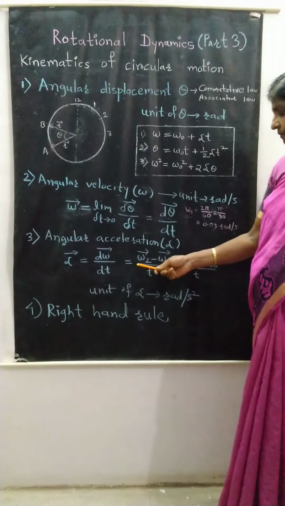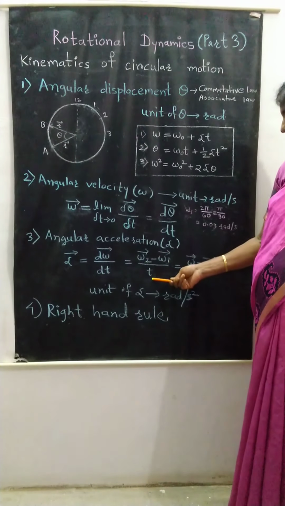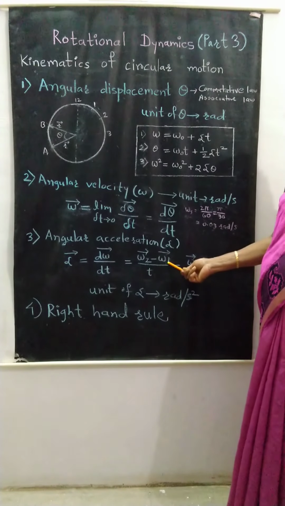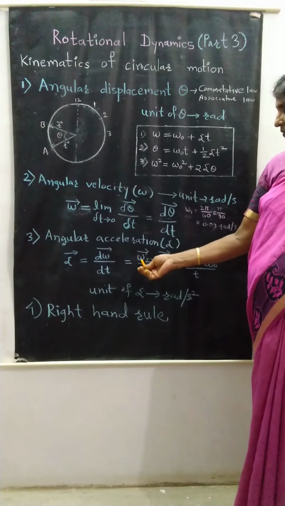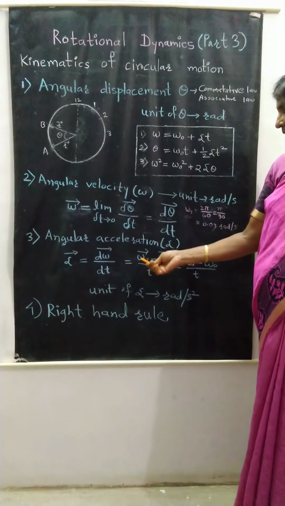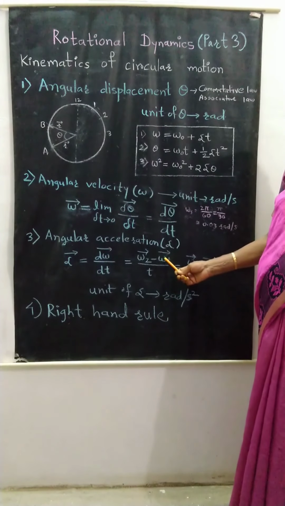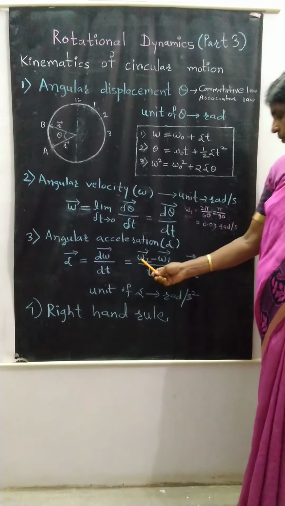It is further equal to omega 2 minus omega 1 upon t. Omega 1 is the initial angular velocity of the particle, omega 2 is the final angular velocity, and t is the time interval in which the angular velocity changes from omega 1 to omega 2.